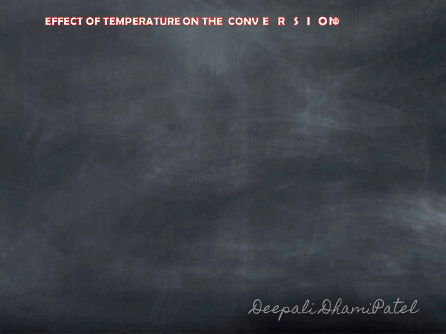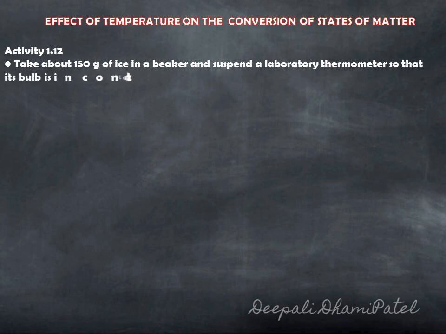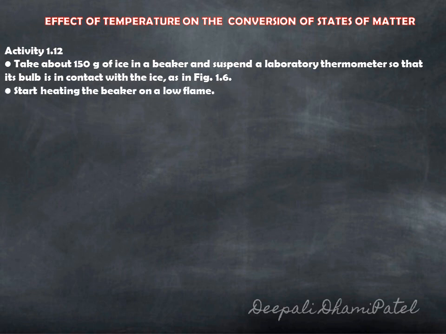So now let us see the effect of temperature on the conversion of states of matter. With the help of an activity, take about 150 grams of ice in a beaker and suspend a laboratory thermometer so that the bulb is in contact with the ice as shown in the figure below.